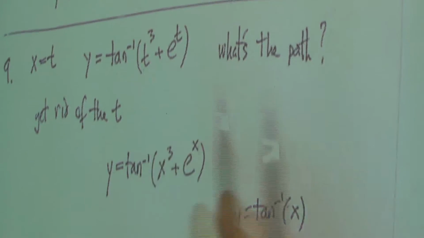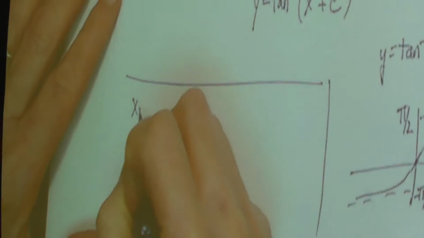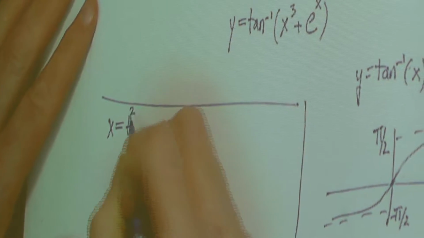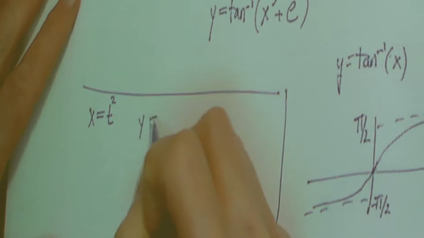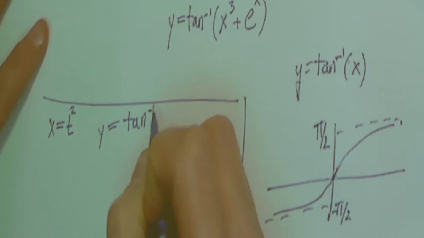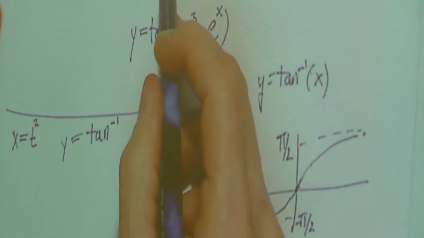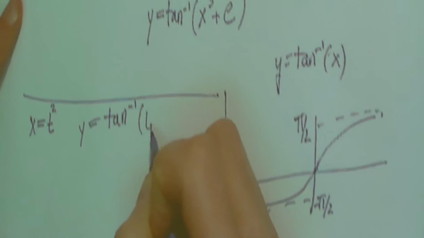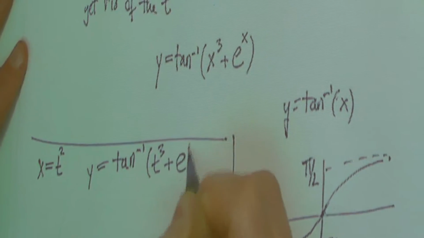I'd have a little bit more trouble if they did something like x is t squared and y is tan inverse of t cubed plus e to the t.